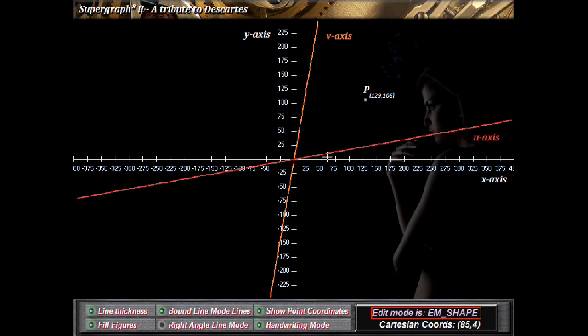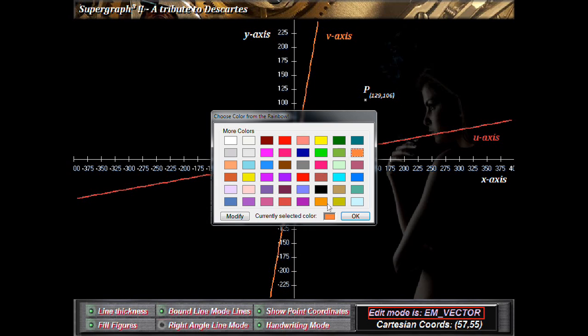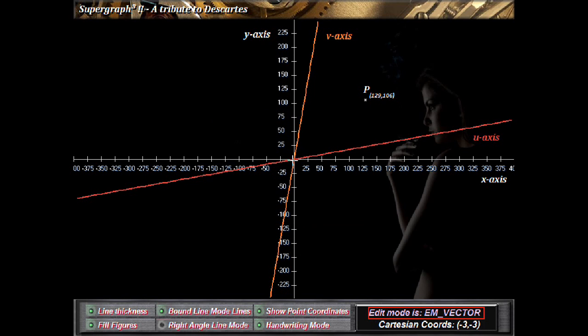Then I can show it more easily. Something like here.